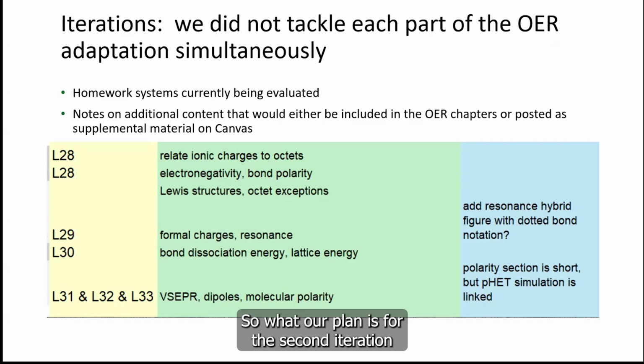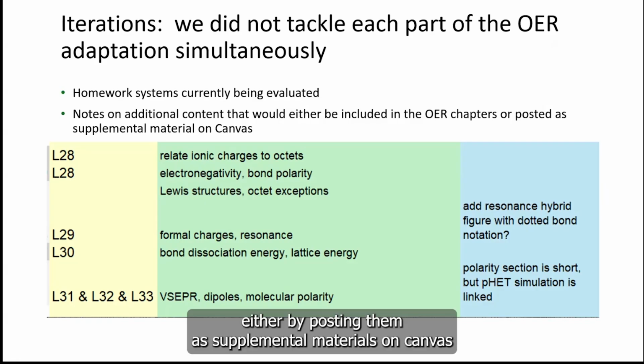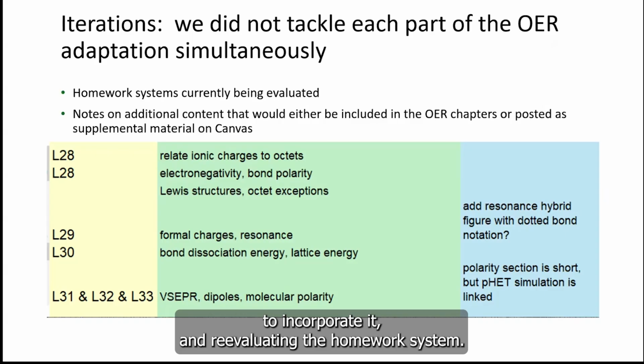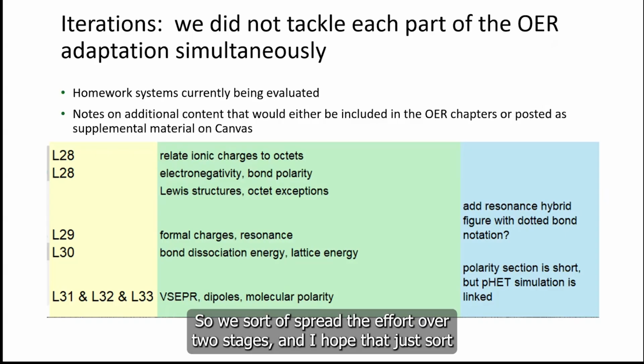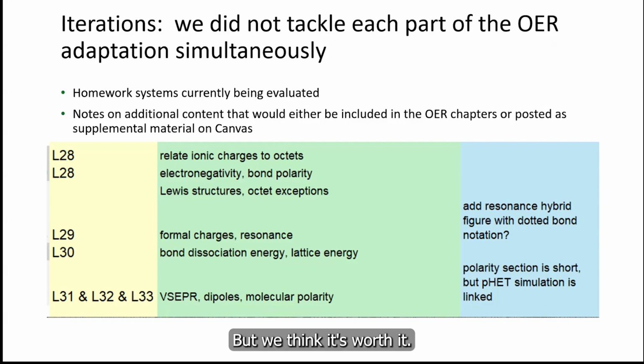So our plan for the second iteration is to follow up with these little pieces, either by posting them as supplemental materials on Canvas or submitting them to OpenStax to see if they'd be willing to incorporate it, and re-evaluating the homework system. So we spread the effort over two stages, and I hope that makes it easier for people to buy in because it's work. But we think it's worth it.